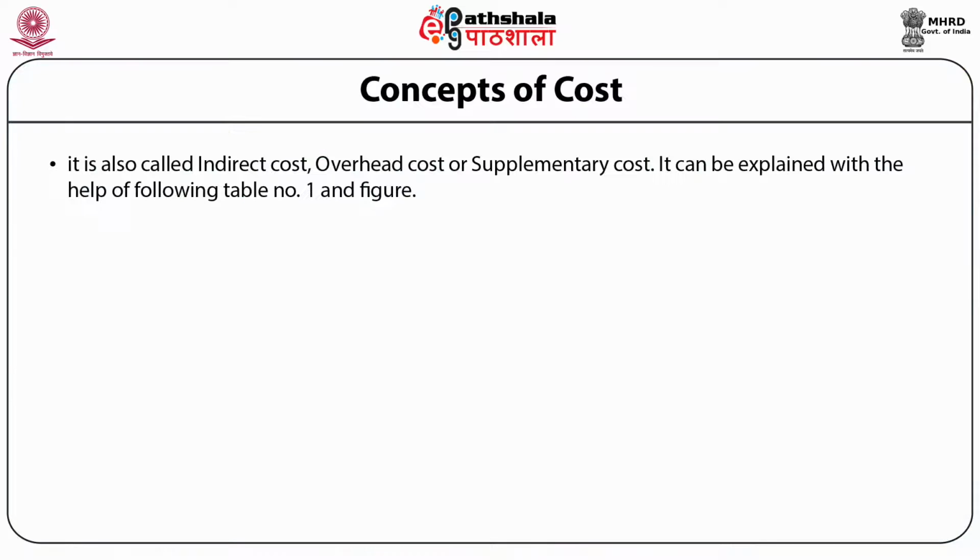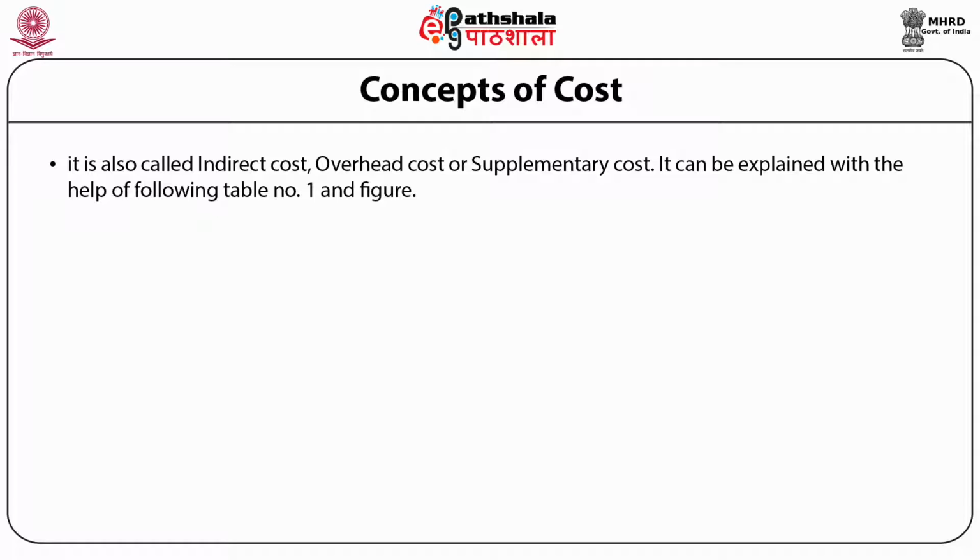Fixed costs or supplementary costs usually include payment of rent for building, insurance premium, depreciation and maintenance, administrative expenses, that is salaries of office and managerial staff, interest paid on capital, business taxes, license fees, etc. It is also called indirect cost, overhead cost, or supplementary cost.